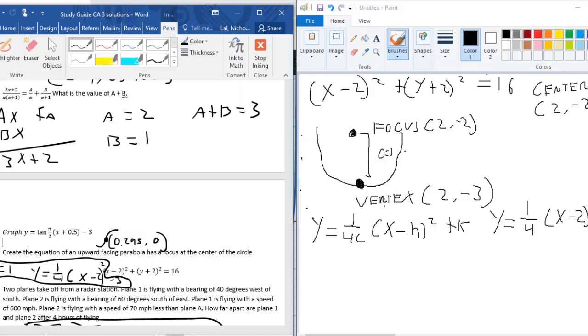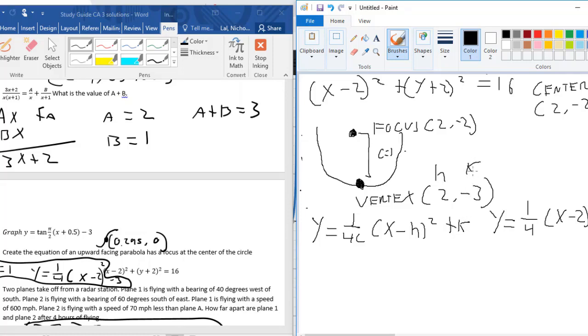If I'm finding the coordinates of my vertex, it's going to be 1 less than the coordinates of my focus. We're going to subtract 1 from the y-coordinate of my focus to go from 2, negative 2 to 2, negative 3. 2, negative 3 is the coordinates of my vertex, with 2 being the h-coordinate and negative 3 being the k-coordinate.